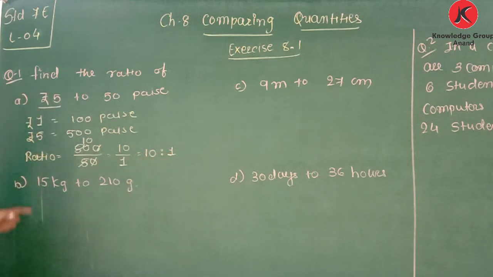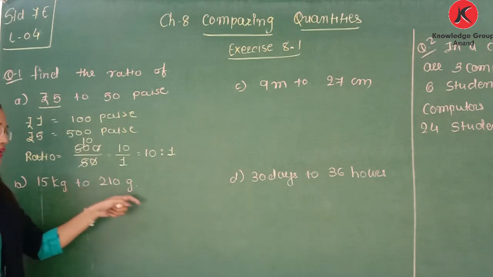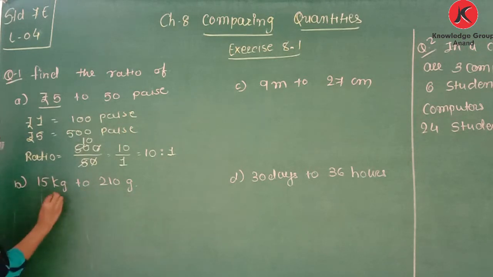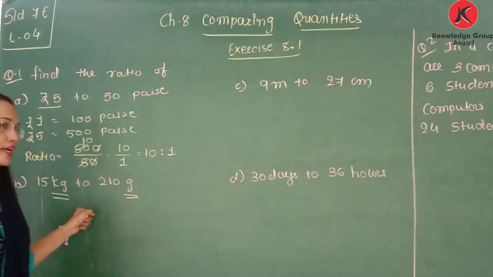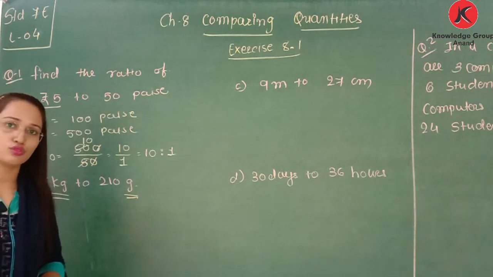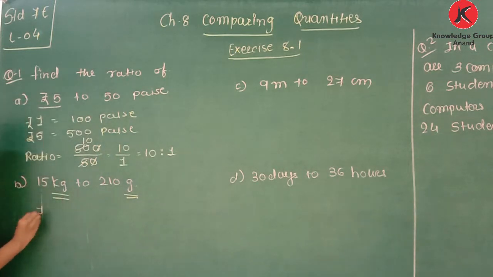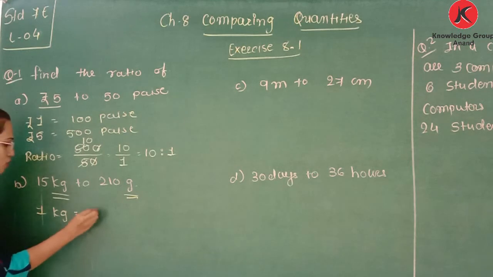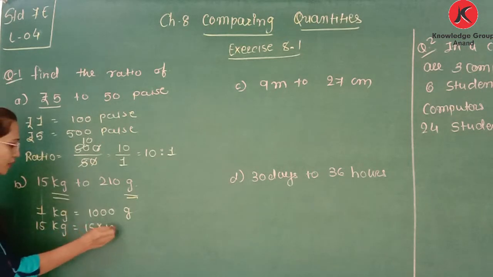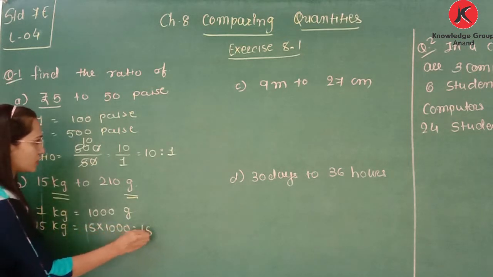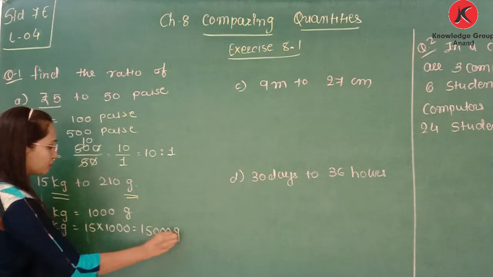Okay. Now next one, 15 kg to 210 gram. One unit is in kg, one unit is in gram. So here we convert kg into gram because we already learned that we convert the larger unit into the smaller. So 1 kg is equal to 1000 gram. So 15 kg is equal to 15 multiplied by 1000, which is 15,000 gram.